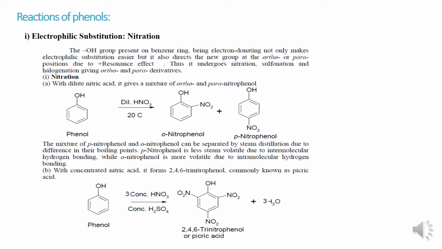Another method is with concentrated nitric acid. It forms 2,4,6-trinitrophenol. So this is the nitrating mixture. 2,4,6-trinitrophenol is commonly known as picric acid. It is commonly available in the laboratory.